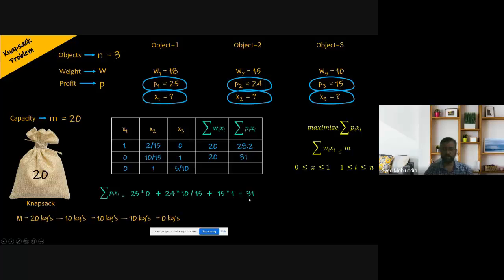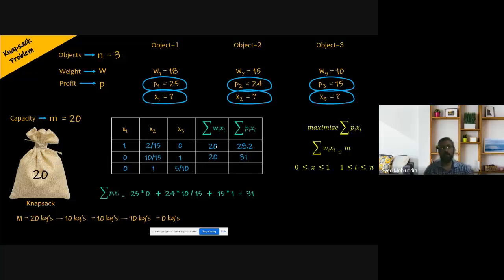as the profit. Now if you see, both are feasible solutions, and both fill the capacity to the full extent. But one gives the profit as 28.2, the other gives the profit 31.